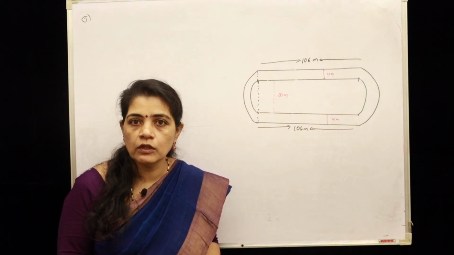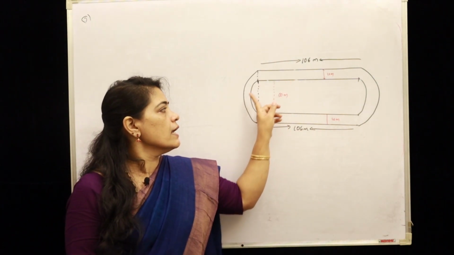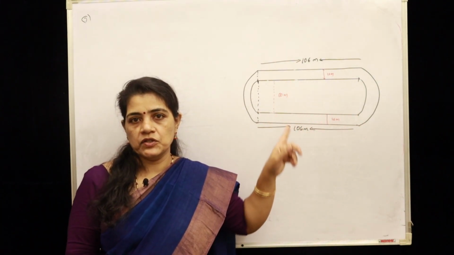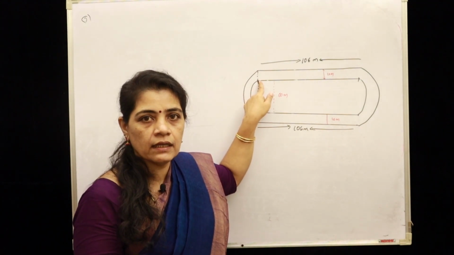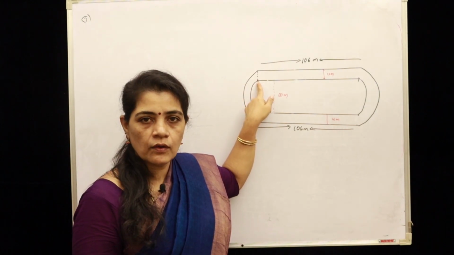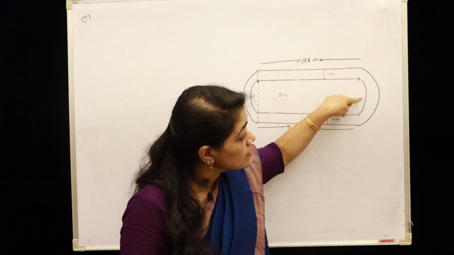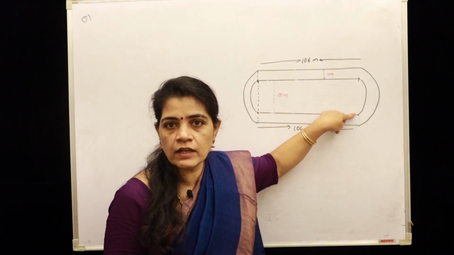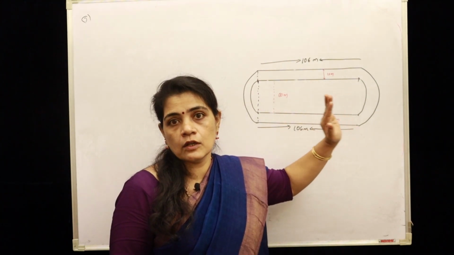We have to find out two sub questions. First is the distance around the inner edge. That means if a student starts from this point, he has to cover up to this semicircular edge, since the left and right sides of the track are semicircular ends.